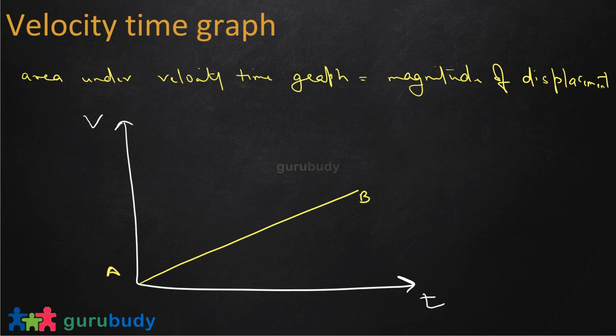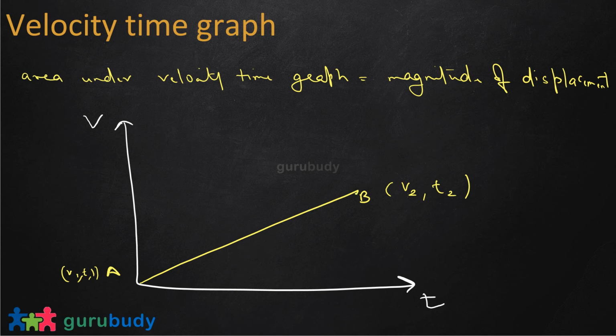If I want to calculate the displacement of that object, the only thing I know is the velocity of that object at point A, which is v1, and then time is t1, and at point B, the object has velocity v2 and then time is t2, and the question is asking me what is the displacement of that object as it goes from A to B. I can easily calculate that by looking at this area.